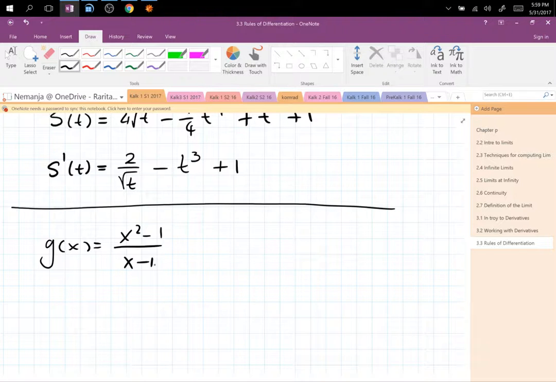What is the answer? What? 2x. 1. The answer is 1.